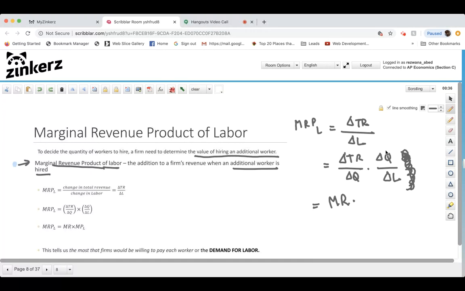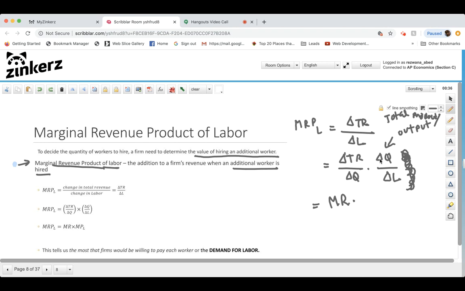And this portion right here, the change in Q divided by the change in L. The change in Q you can think of as output, or total product. Both mean the same thing. So how much does my total product change when I hire one more worker?